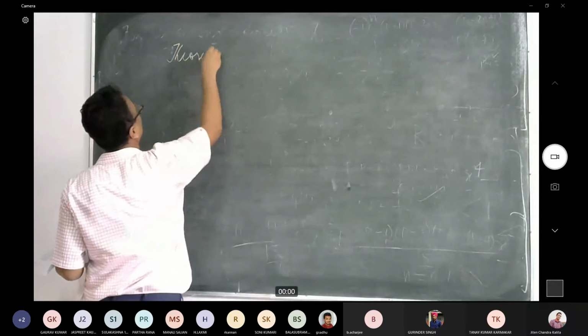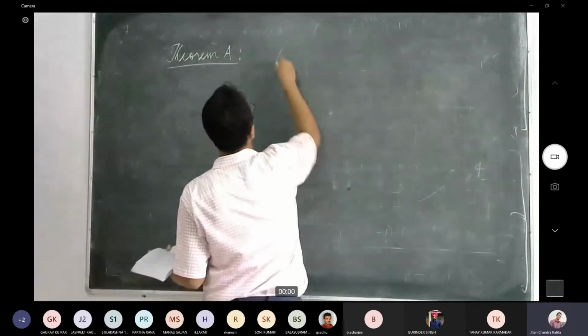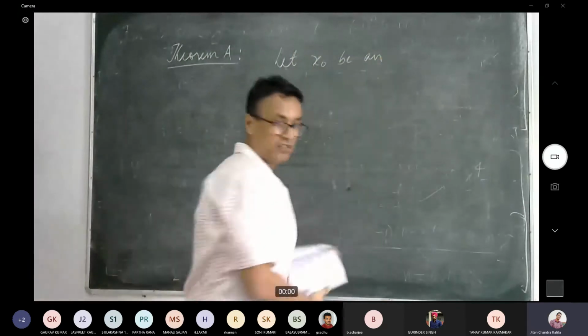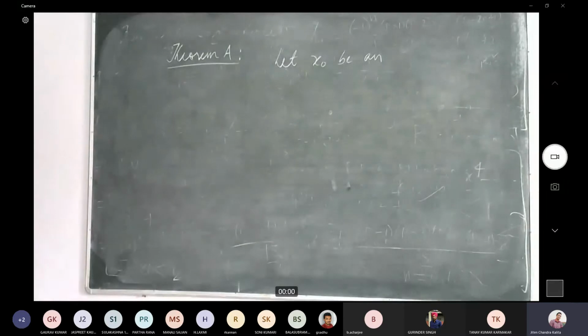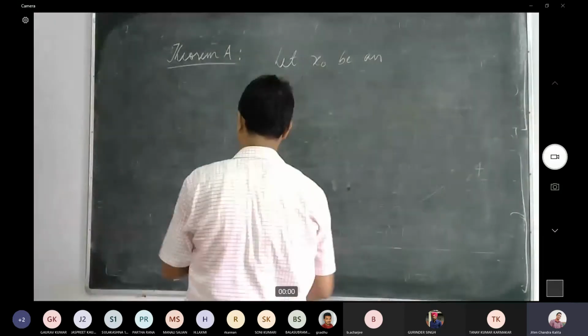So I'm going to call it Theorem A. Theorem A. Okay. So here, let x naught be. Just a minute. Maybe I should erase the board a bit.